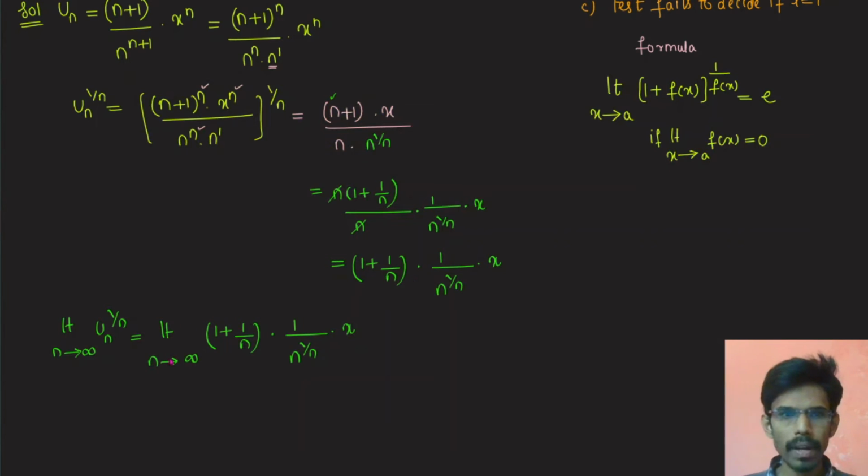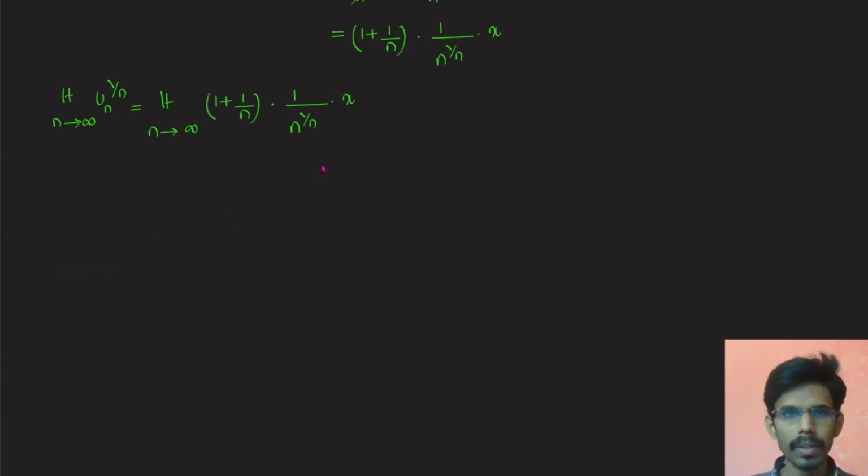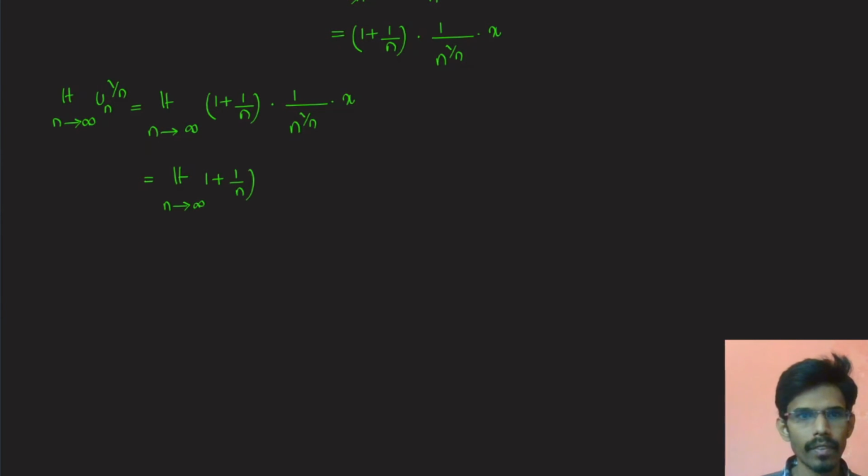Now applying the limit n tends to infinity to these two terms, apply the limit to the first term, that is 1 plus 1 by n, into 1 by limit n tends to infinity n power 1 by n into x.